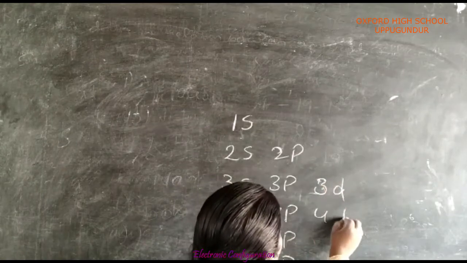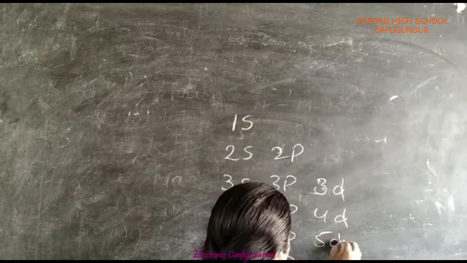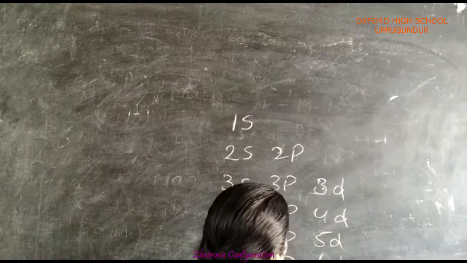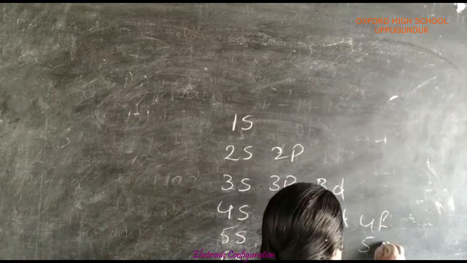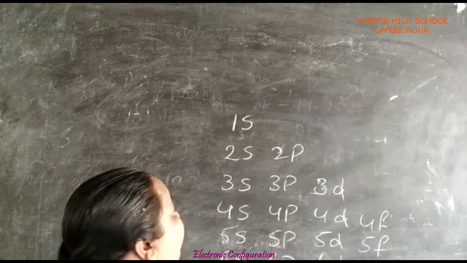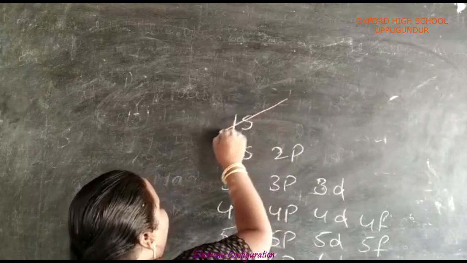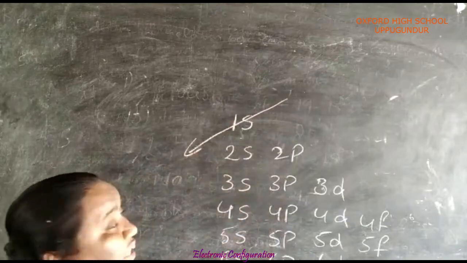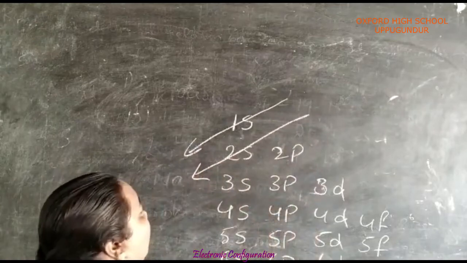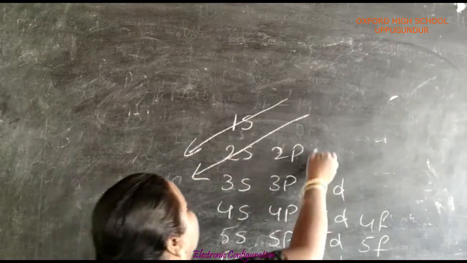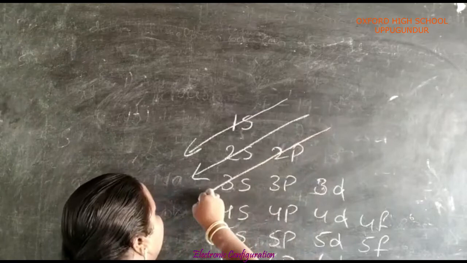3d, 4d, 5d, 6d, 4f and 5f. First, the electron will enter the 1s orbital. After completing the 1s orbital, it enters the 2s orbital. After that, next into 2p. Next 3s.